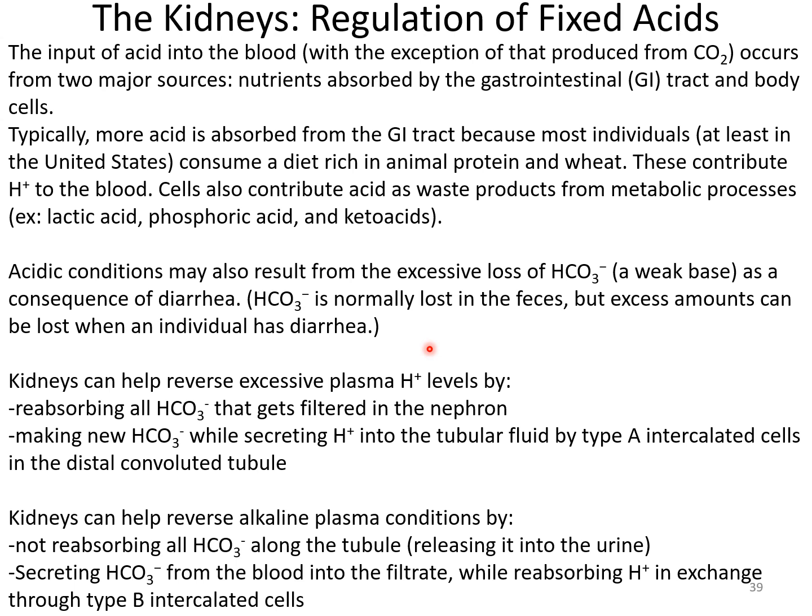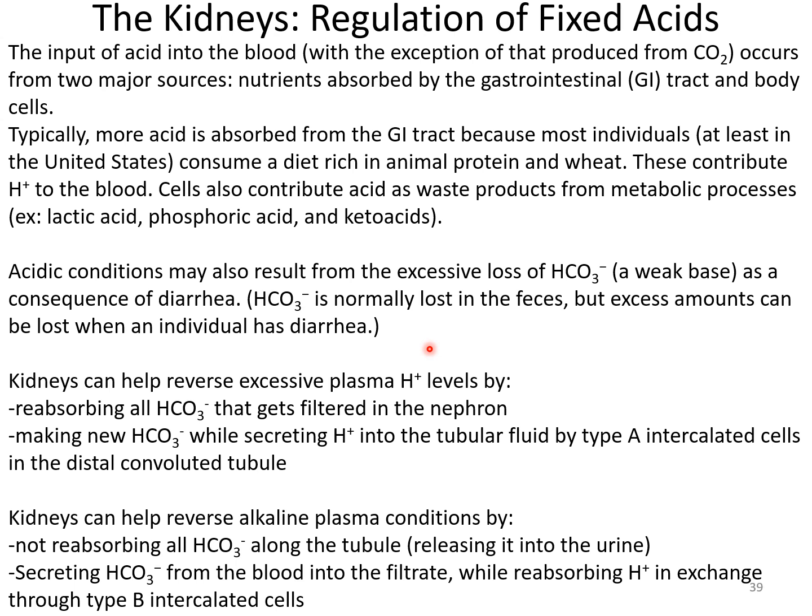Typically, more acid tends to be absorbed from the GI tract because anybody that eats more of a Western style diet tends to consume a lot of animal protein and wheat, and both of those contribute a lot of hydrogen ions to the blood. And then your cells, of course, are contributing acid waste products as well. That's the lactic acid, the phosphoric acid, and the keto acids that I talked about.